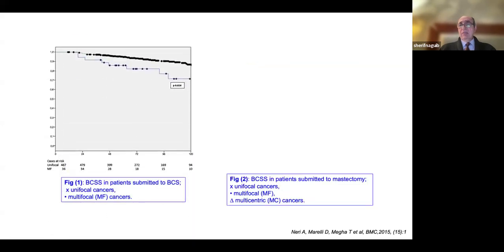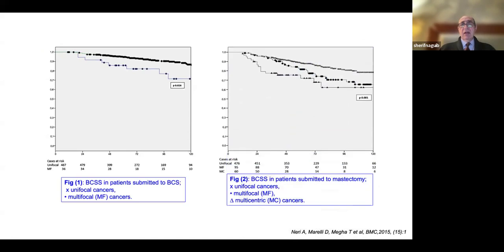As you will see in this study in 2015 by Neri et al., the first graph shows breast cancer-specific survival in patients who were submitted to breast conservation, and the upper curve is related to unifocal breast cancer, while the lower curve of multifocal breast cancers shows, of course, worse breast cancer-specific survival.